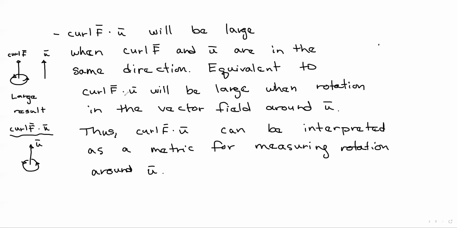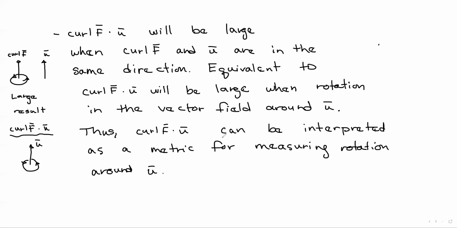And so curl of f dot u, instead of being interpreted as whether curl of f and u are parallel, can be interpreted as a measure of whether there's rotation around u in the vector field. And so basically it enables us to turn the curl of f calculation into a function where we plug in vectors, we plug in u, and curl of f dot u tells us how much rotation there is around u.